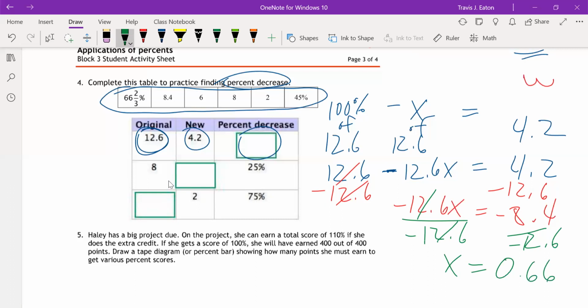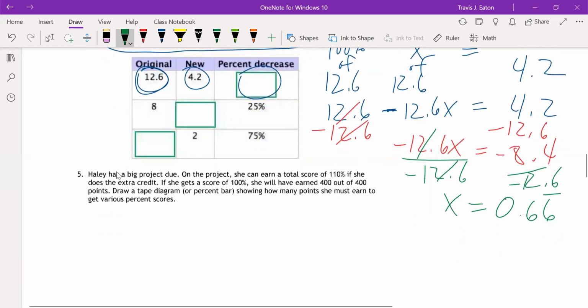And that gives me 0.66, repeating. Now, that's not a percent, is it? But remember, we can turn a decimal into a percent by multiplying by 100. That's how we convert a decimal to a percent.